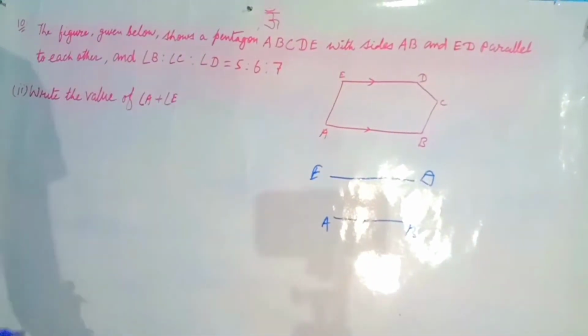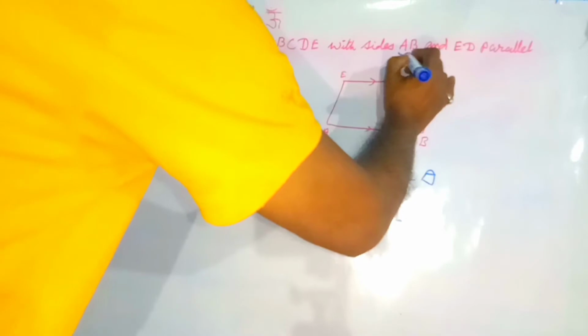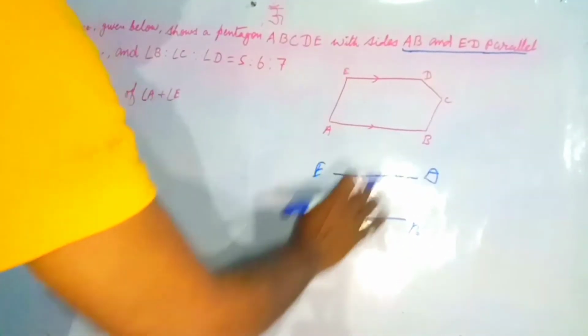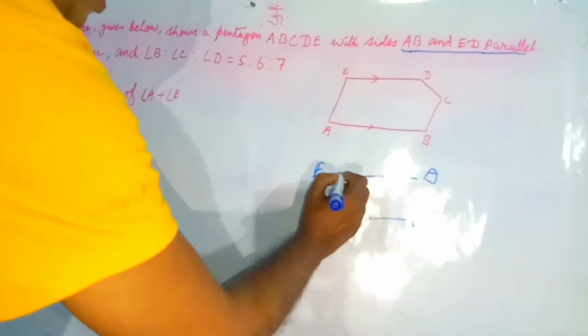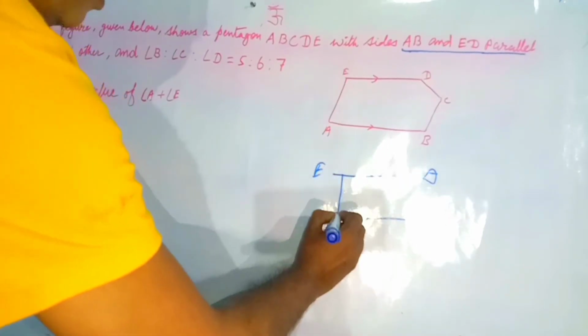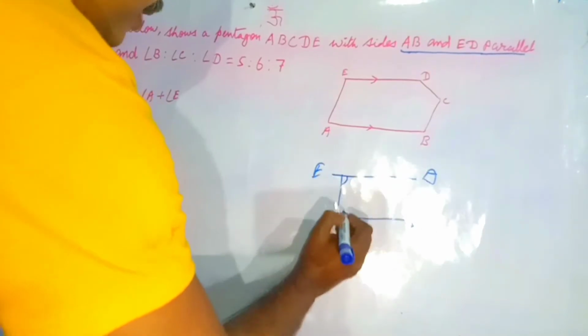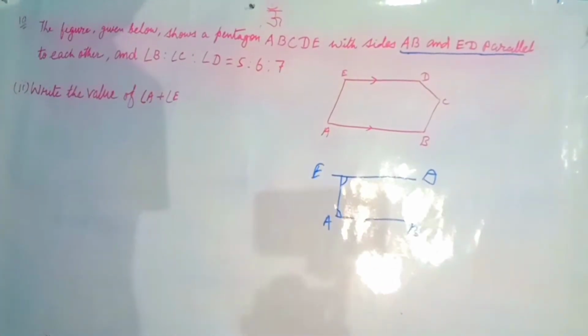These are the parallel lines which have been given, AB and ED parallel lines. So ED and AB are parallels, and EA is the transversal. As we know, this one and this one are co-interior angles.